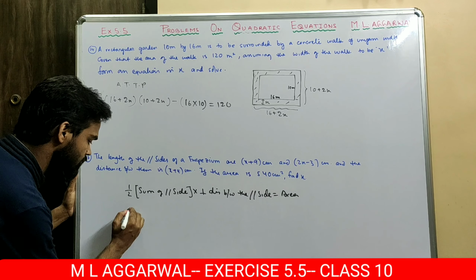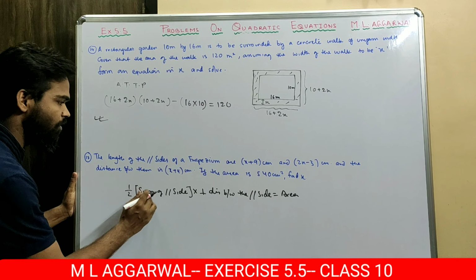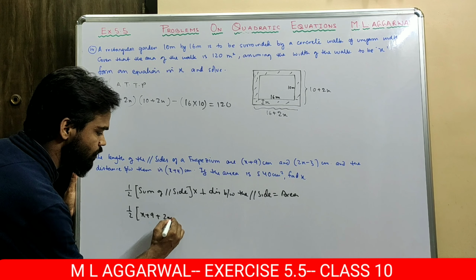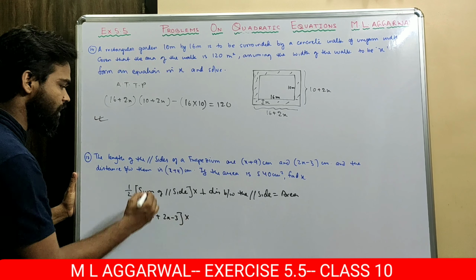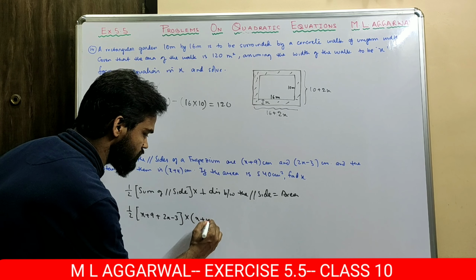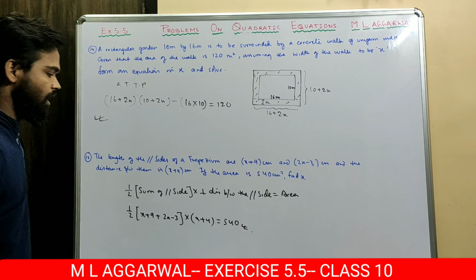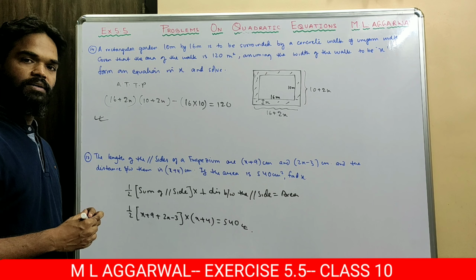Now put the values. So half multiplied by sum of parallel sides, which means x plus 9 plus 2x minus 3, and this will be multiplied by the perpendicular distance, which is x plus 4, and this will be equal to 540. Done.